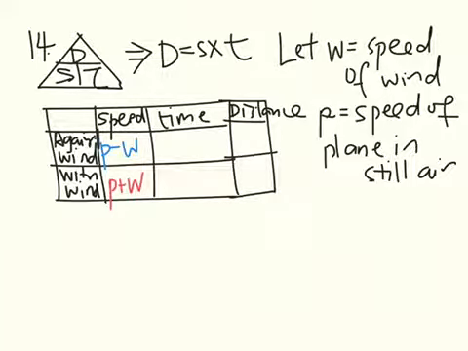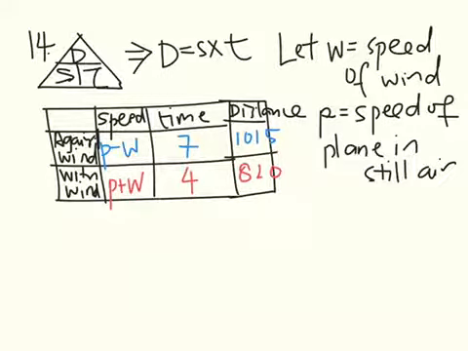The time taken is 7 hours and the distance is 1,015 miles against the wind, and with the wind the time taken is 4 hours and the distance traveled is 820 miles.